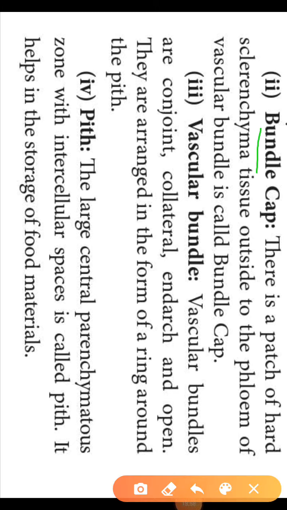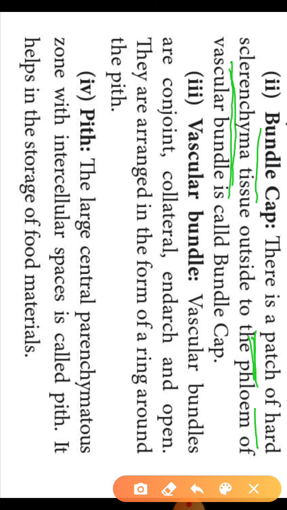First one is bundle cap. There is a patch or layer of hard sclerenchyma tissue, strong tissue.